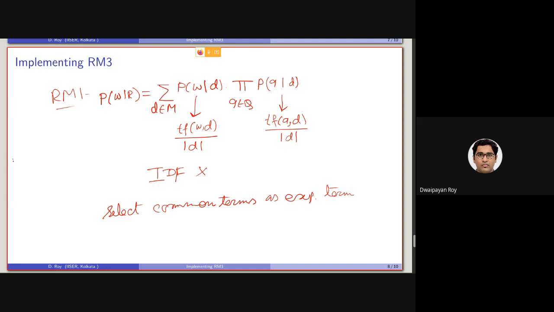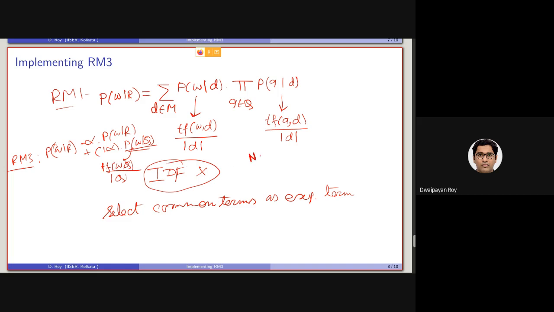Similarly, for RM3, if I write the equation, it is similar: P prime of W given R equals alpha times P of W given R, which is this function, plus 1 minus alpha times the probability of W given Q. Again, this is the term frequency of W comma Q divided by the length of Q. Still, there is no IDF.